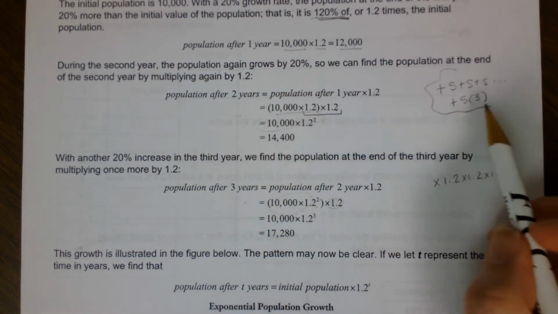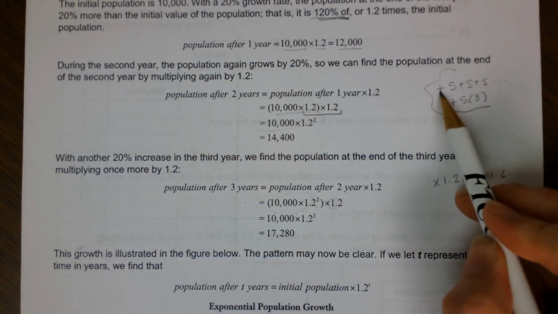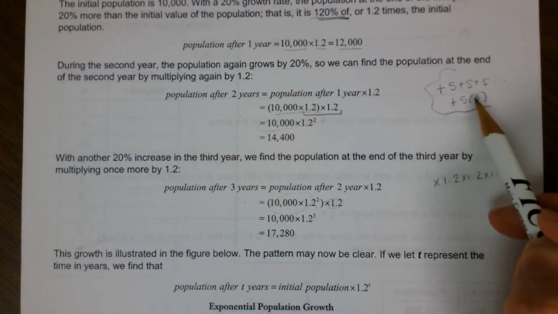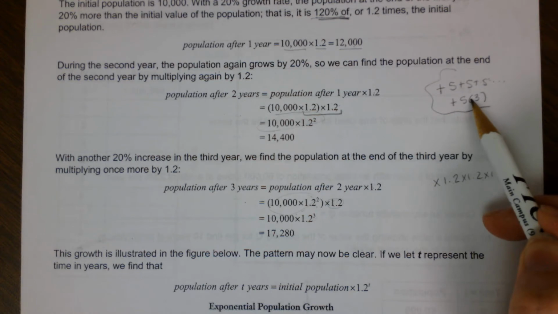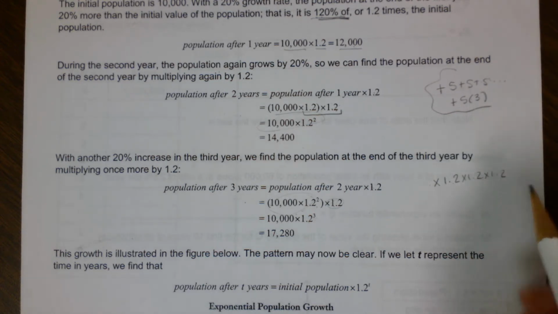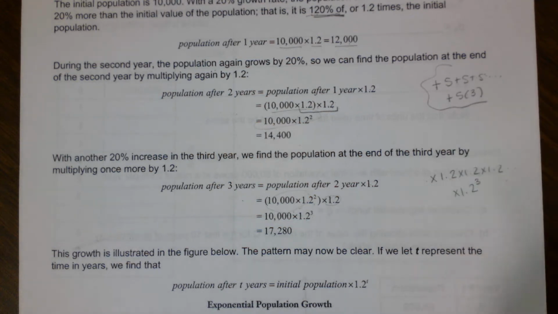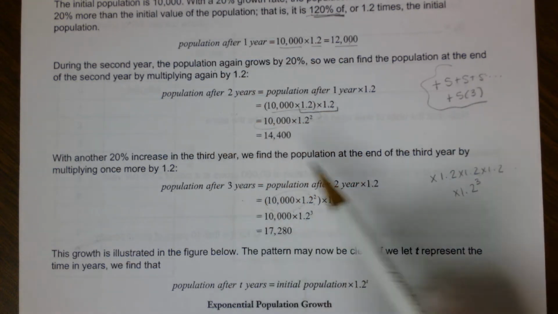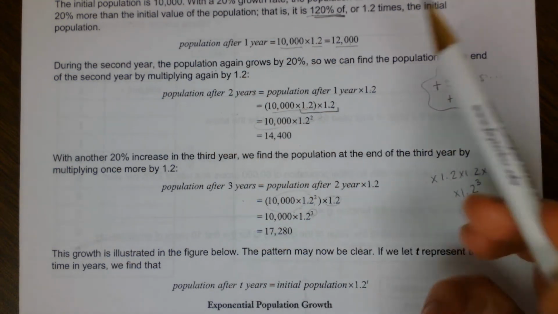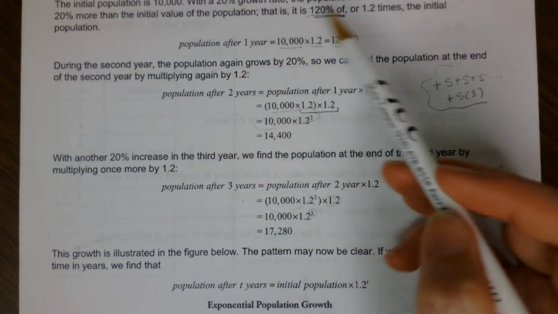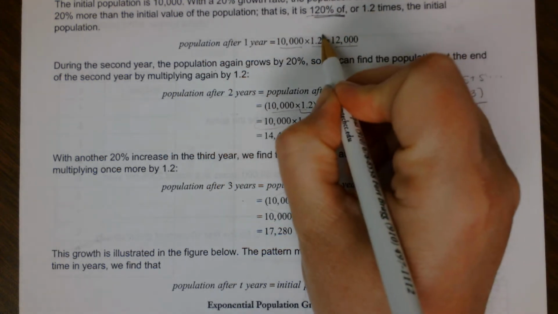Multiple additions become multiplication, multiple multiplications become a power. And notice that for 3 years, you have a 3 in the exponent, 2 years you have a 2, 1 year you can say that there is a 1 here.